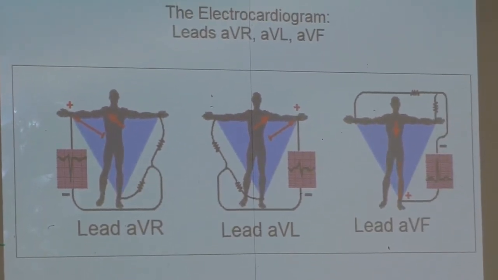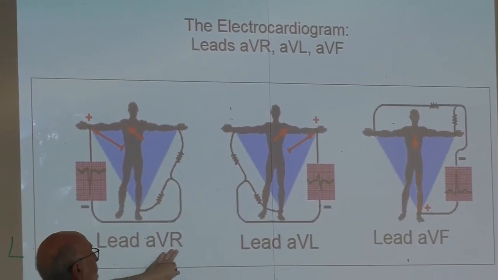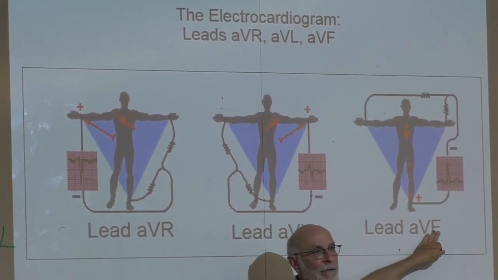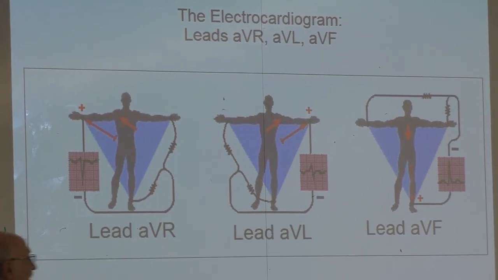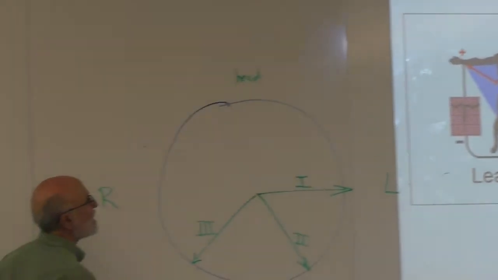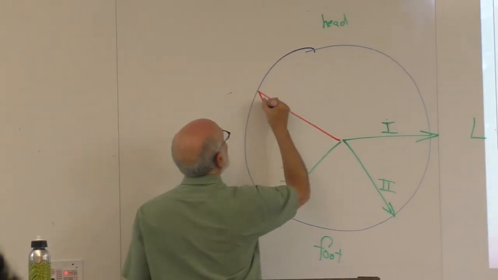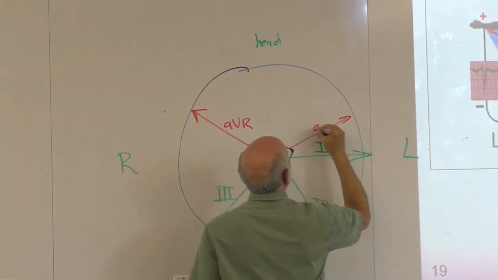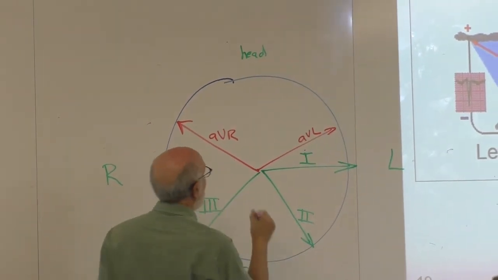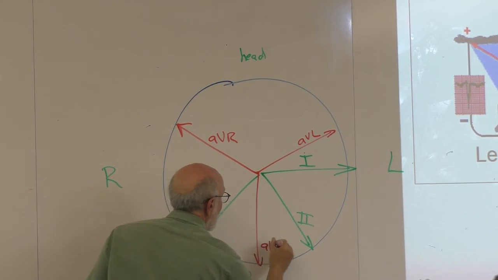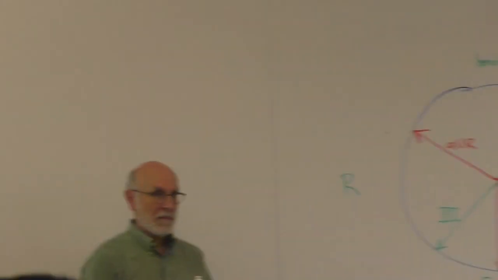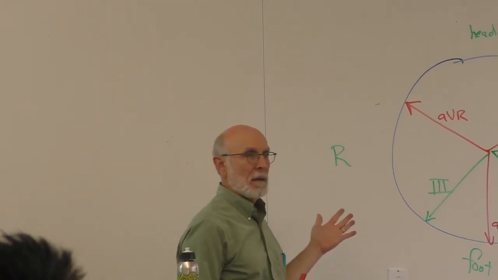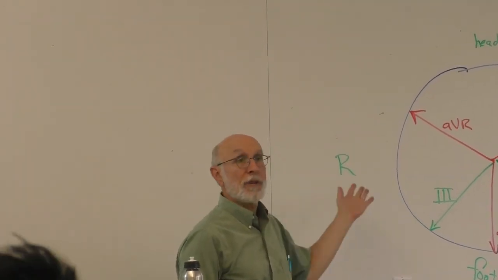The augmented leads, augmented vector right, augmented vector left, augmented vector foot, define different orientations. aVR, aVL, and aVF. Why do we have this? There's redundancy here.